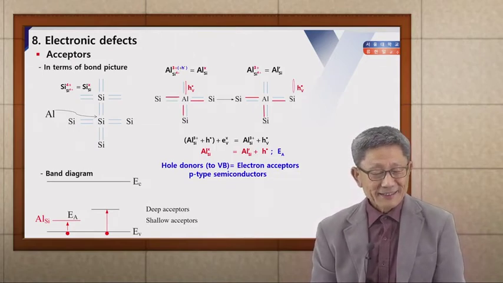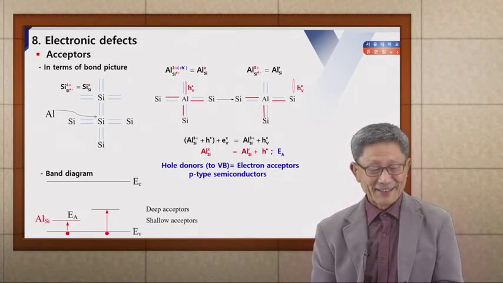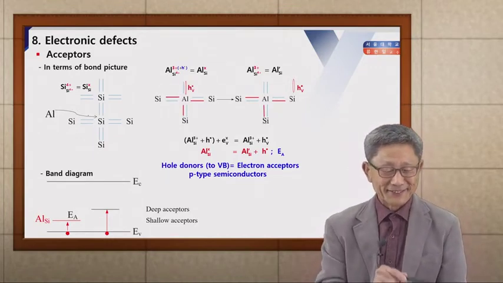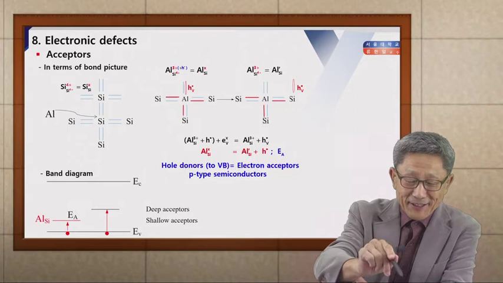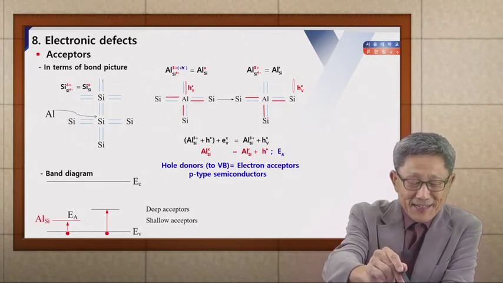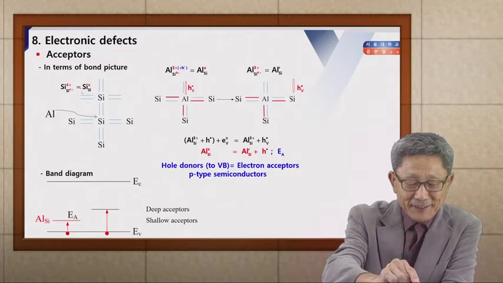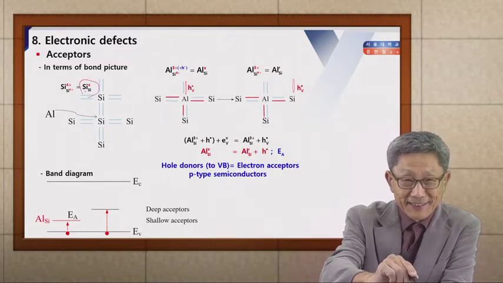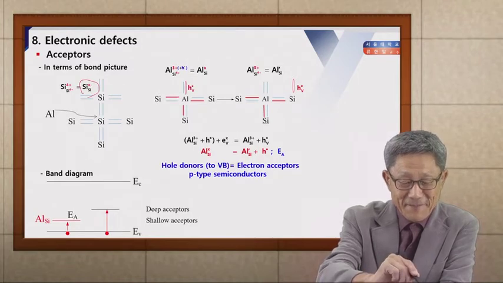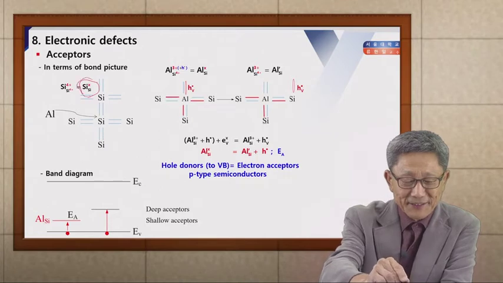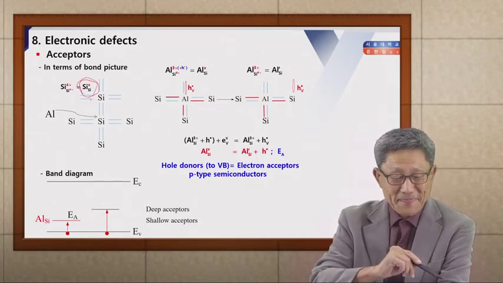Okay, that's it. Then what about the acceptors? Let me again go back to pure silicon. Let me remind you that pure silicon consists of this structure element, silicon on silicon site. Therefore, its effective charge is 0. So every lattice site is filled with this structure element, ideal silicon.